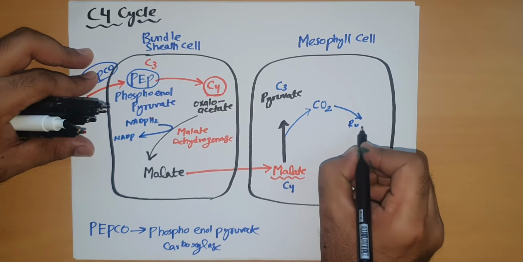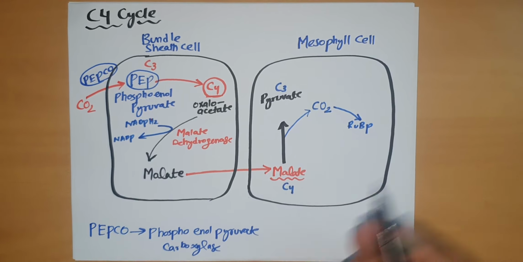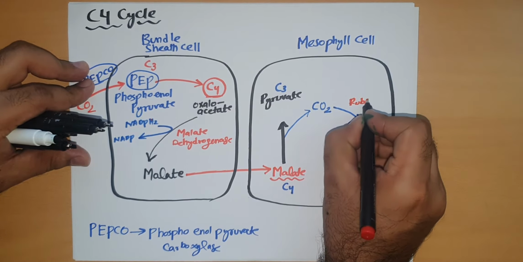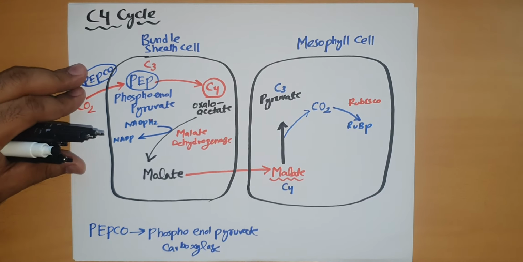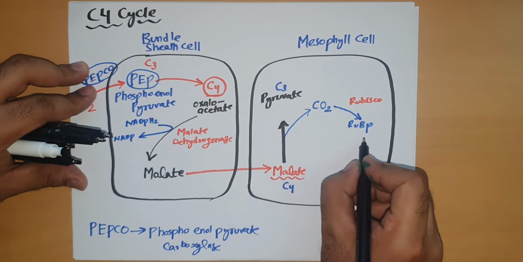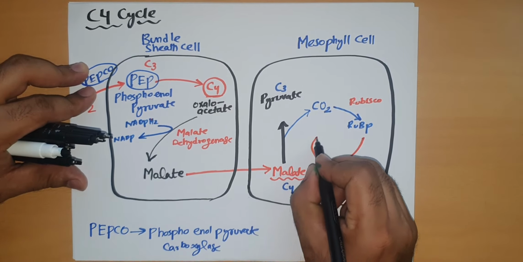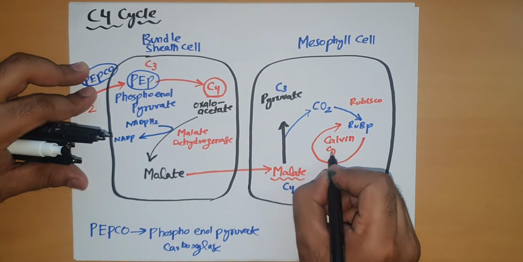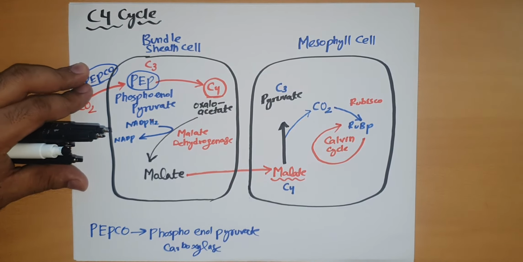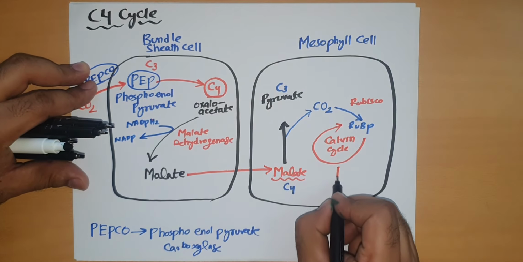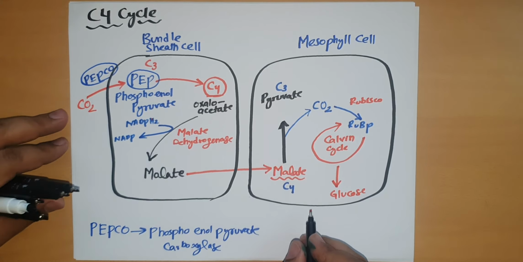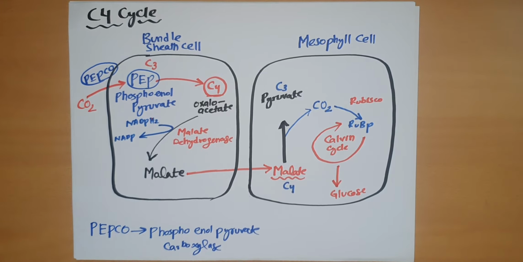Then this carbon dioxide joins with the ribulose bisphosphate in the presence of the enzyme Rubisco, about which we have learned in detail before. Then this ribulose bisphosphate goes through the complete Calvin cycle and we get glucose. Then what happens to this pyruvate?